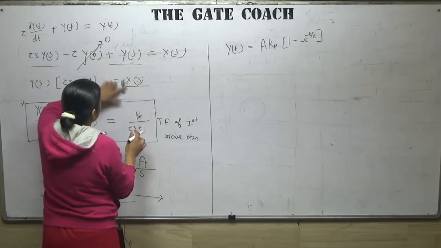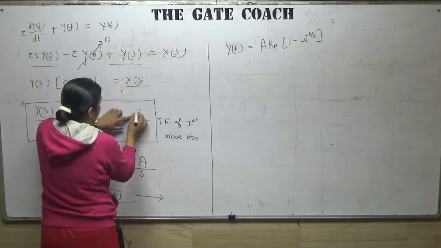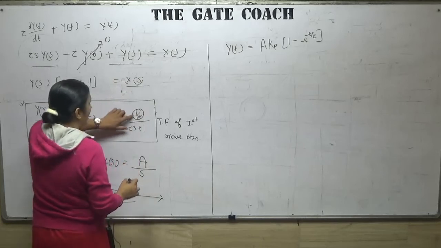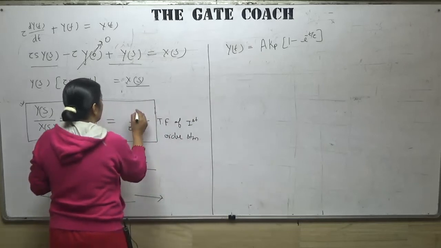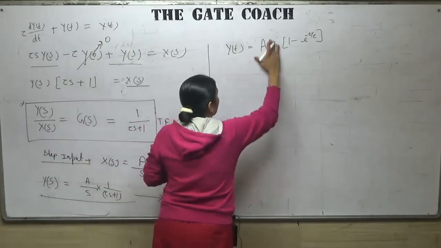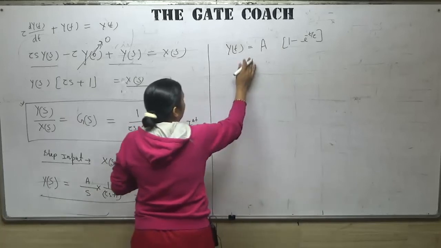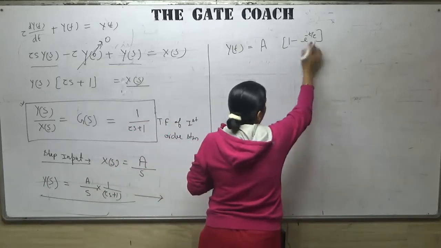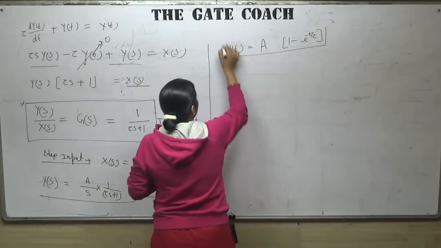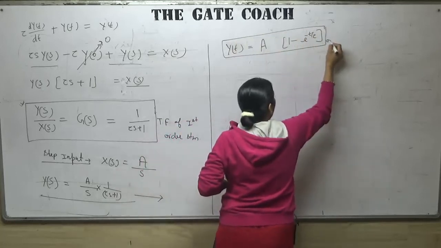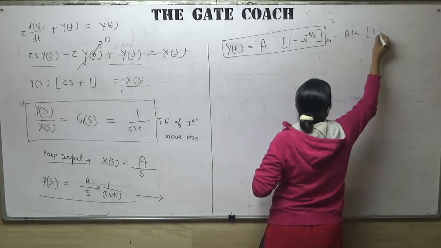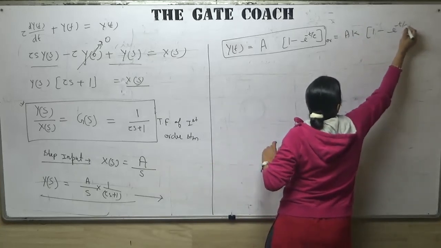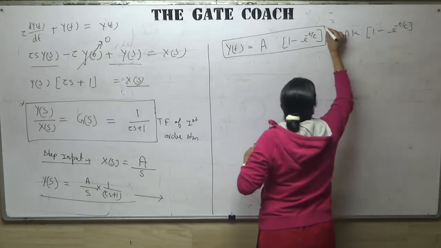That constant is represented as the steady state gain in the output. But for simplicity, we are solving with one. Take here only A: y(t) is equal to A into 1 minus e to the power minus t upon tau, or you can write it as A Kp into 1 minus e to the power minus t upon tau.